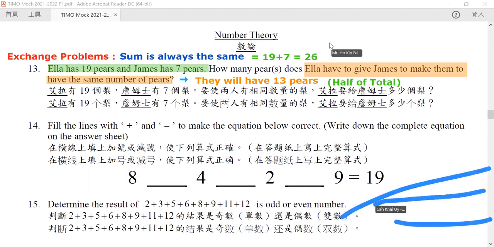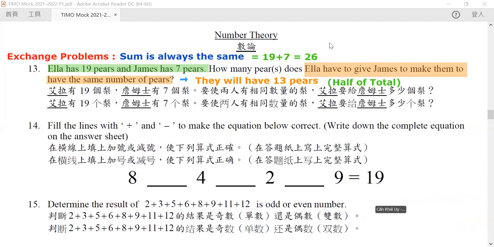Okay, so now let's go back to our question. Since Ella starts with 19 pears and they end up with 13, how many of them will she need to give to James? So our answer will be 19 minus 13, which equals 6.